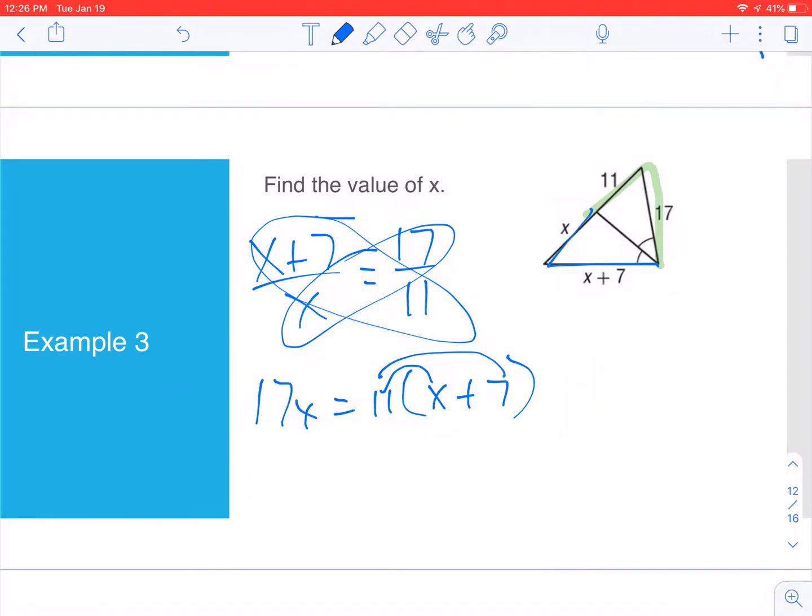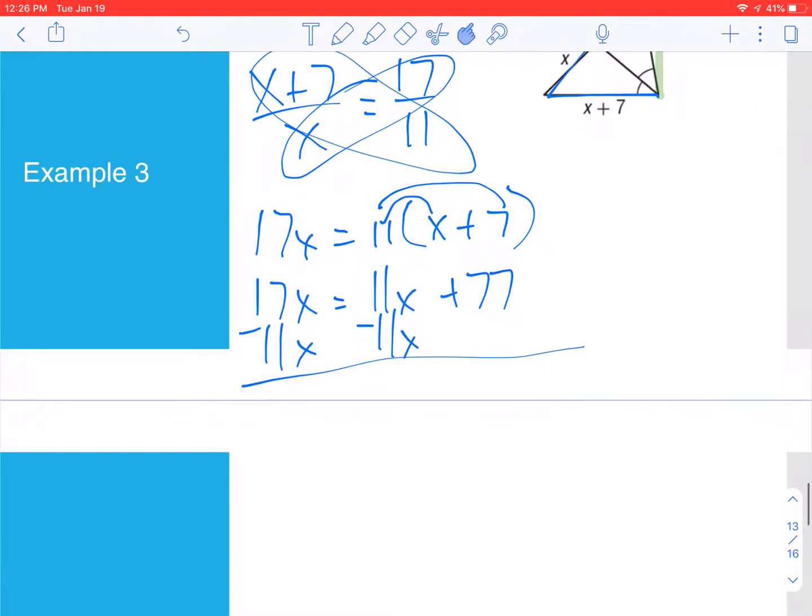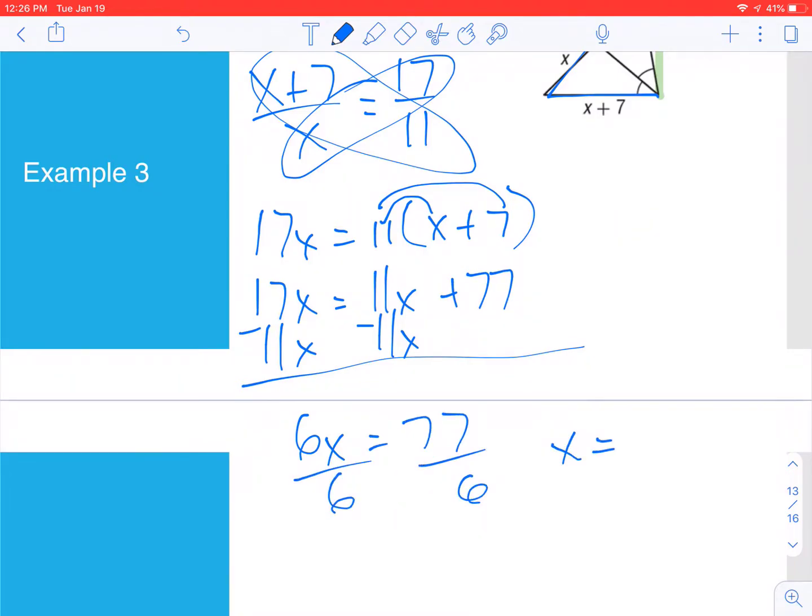Distribute. 17x equals 11x plus 77. Minus 11x, minus 11x. Bring it on down. 6x equals 77. Divide both sides by 6. And when I take 77 divided by 6, I get 12.83.